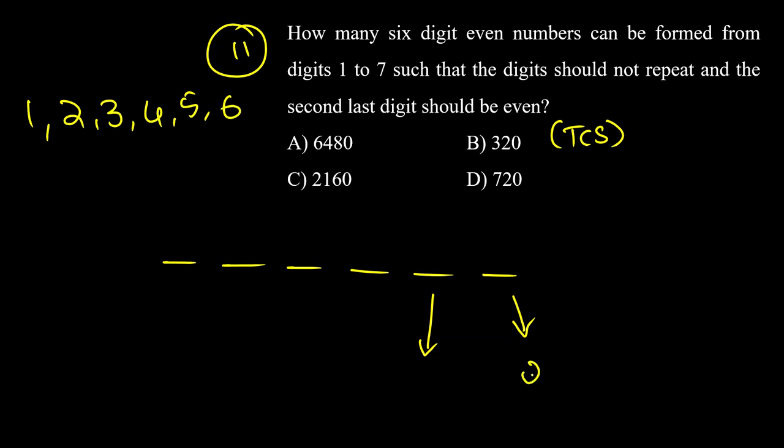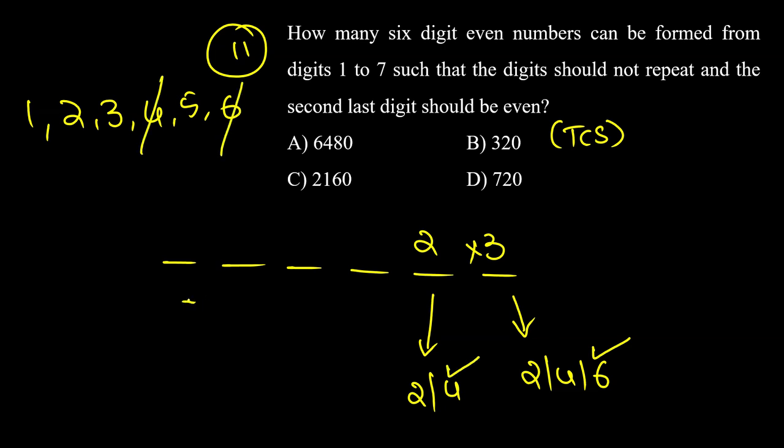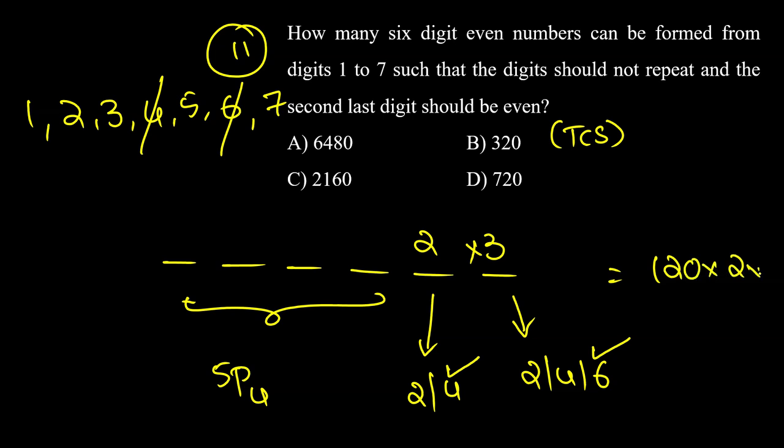Let us say here I use 2, 4, 6, which means 3 ways, and I am done with 6. Then I should use 2 and 4, 2 ways only. Let us say I am done with 4, so 4 and 6 are out. I have 4 numbers, and one more number, 7, is also there. So 5 numbers, 4 slots, 5P4, which is 120. So 120 into 2 into 3, which is 720.